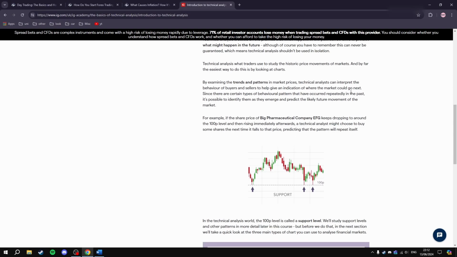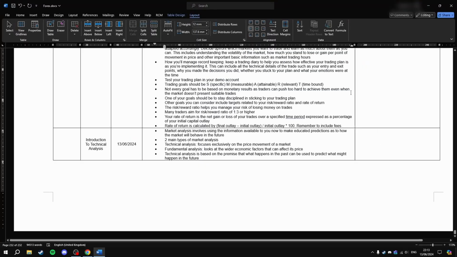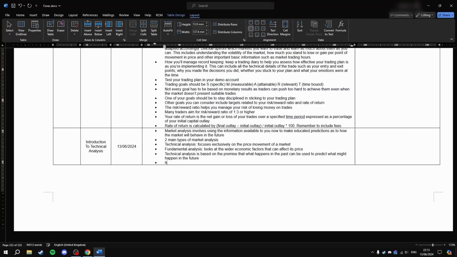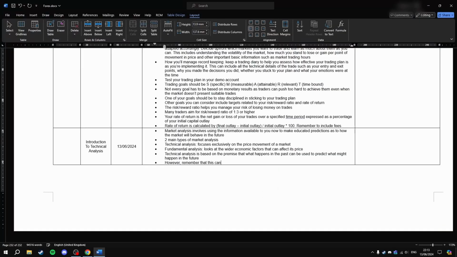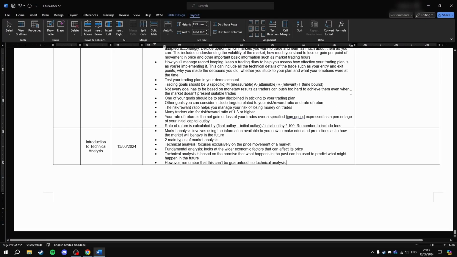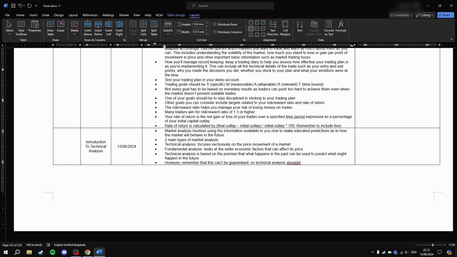Although of course you have to remember this can never be guaranteed, which means technical analysis shouldn't be used in isolation.